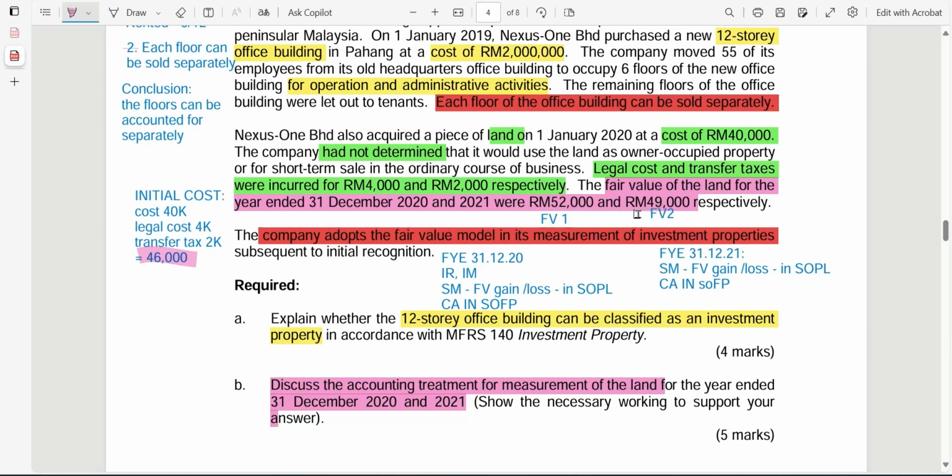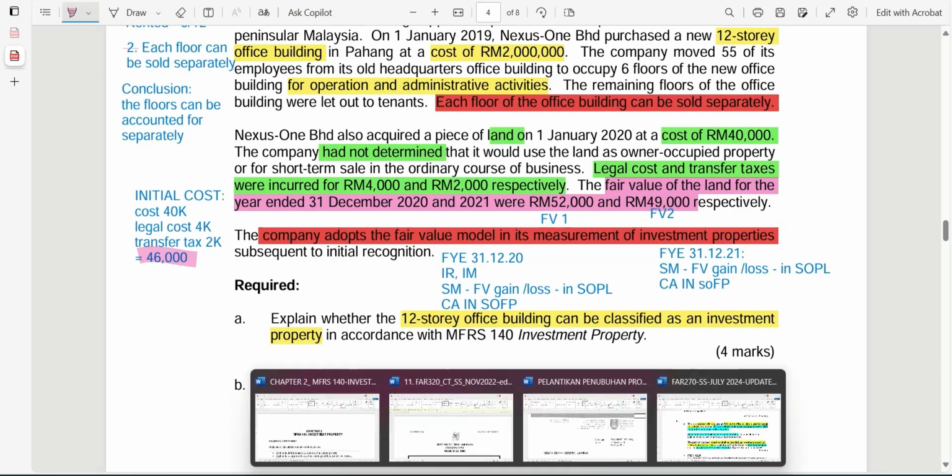And in the second year, you are going to compare fair value 2 with fair value 1, because in the second year, fair value 2 will have to be compared with the carrying amount, and the carrying amount will be the previous fair value. So let us look at that answer here.